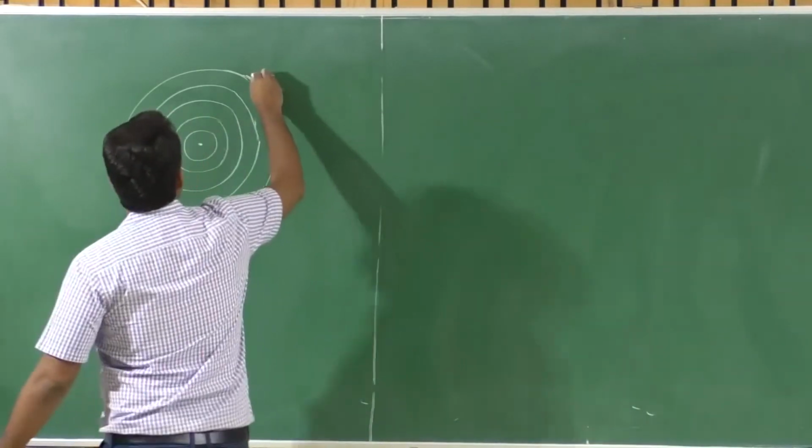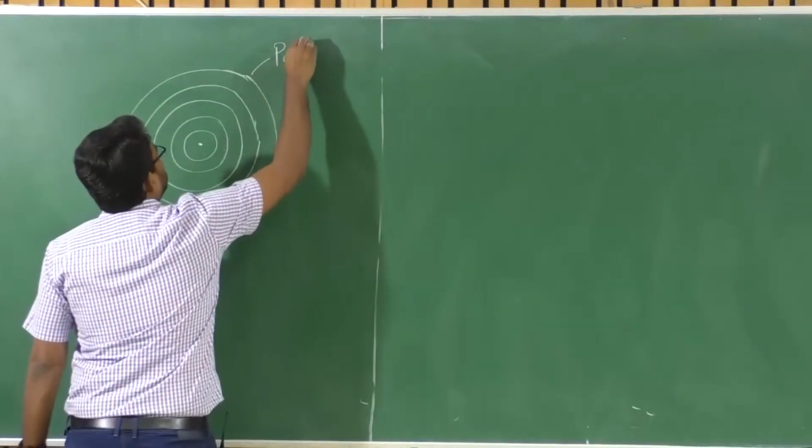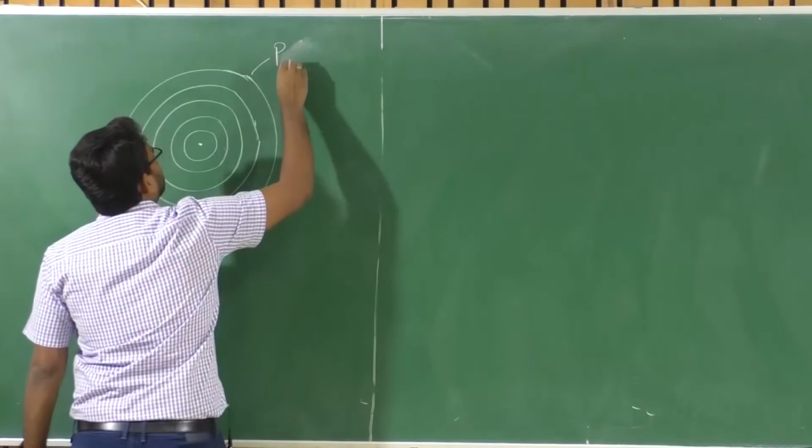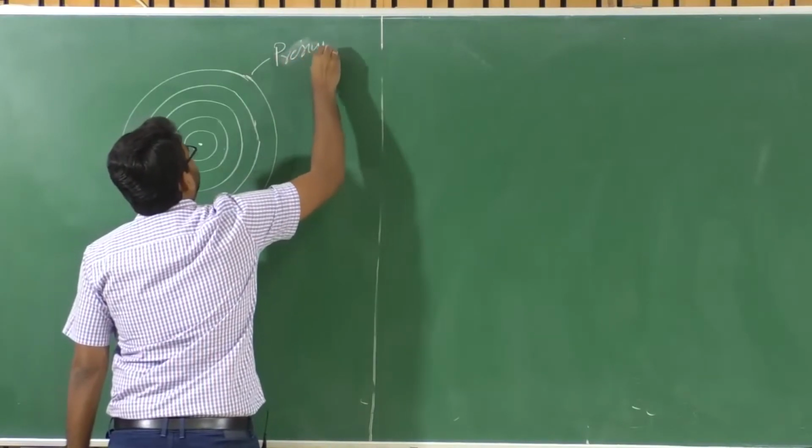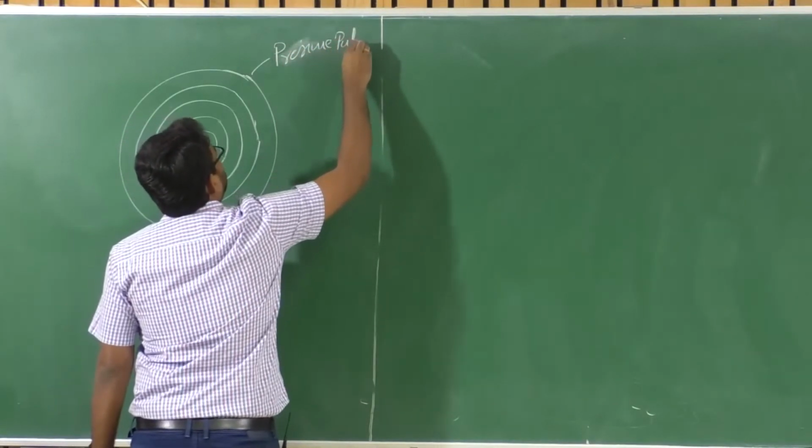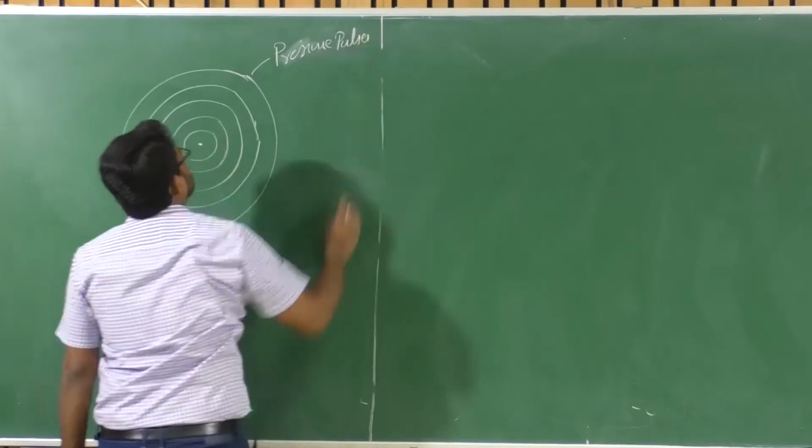This particular disturbance that travels is known as pressure pulses.